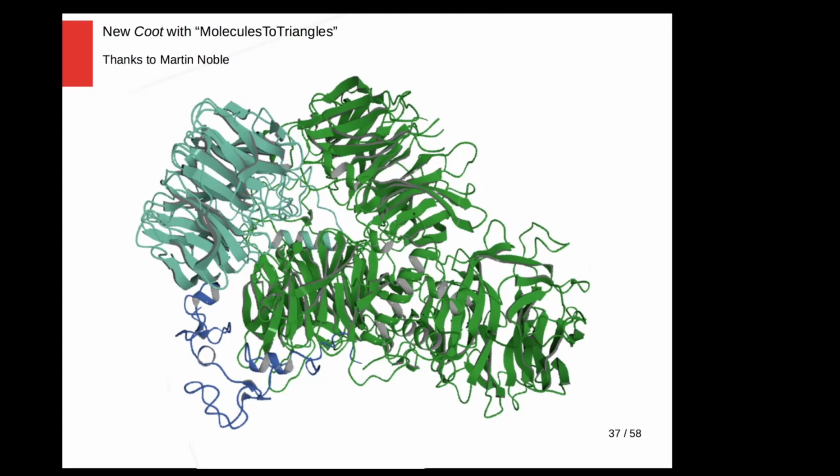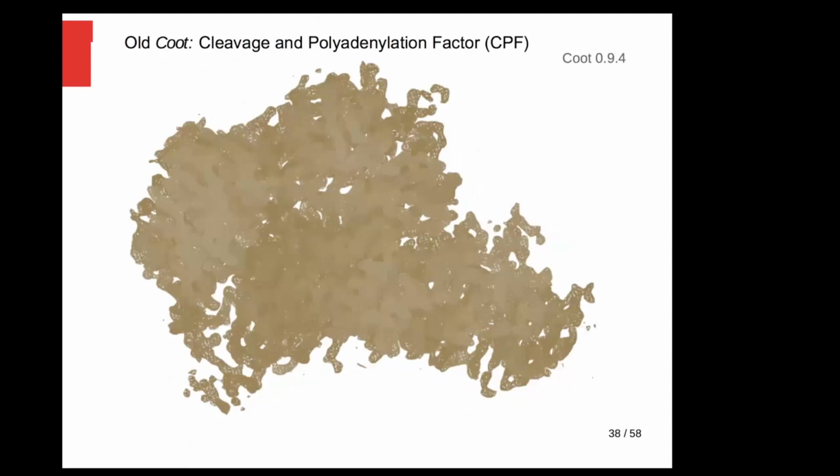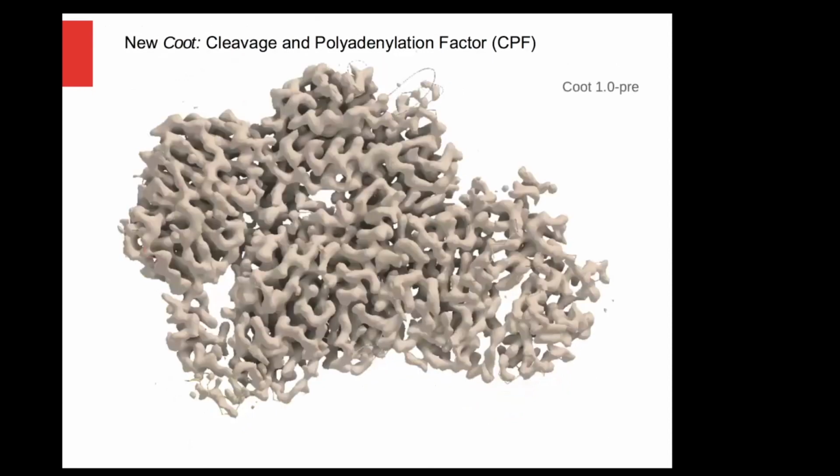It's impressive. Right, so we saw this picture before on a black background, but this is old Coot again representing that map. So let's take this same map and represent it with the new version of Coot. Can we get a more useful representation? And I would argue that we can. What I've done here is change the representation style to solid surface, and the ambient occlusion really adds something to the interpretability of the map.